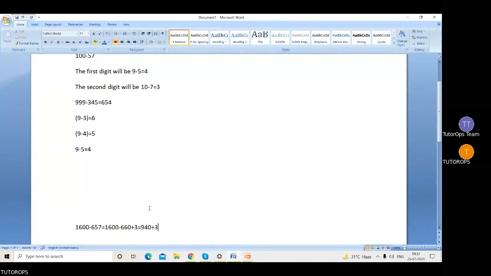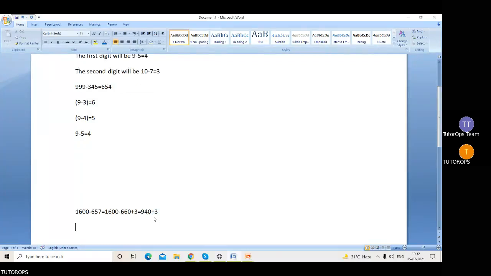In this case, the inner subtraction you can do by any method. But in subtracting near the base, you need to consider the number being subtracted as a combination of two numbers. One of them will be a multiple of the base and one of them will be a single digit.